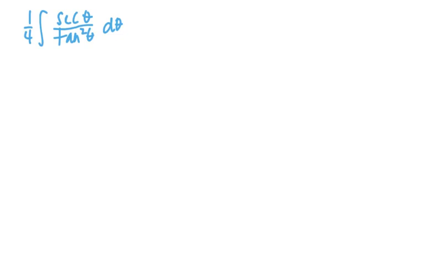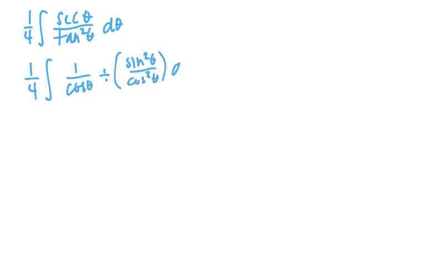So let's put it in terms of sine and cosine. So secant is 1 over cosine theta, and it's divided by tangent squared, which is sine squared over cosine squared theta, d theta. Now remember, when you divide by a fraction, you keep, change, flip.